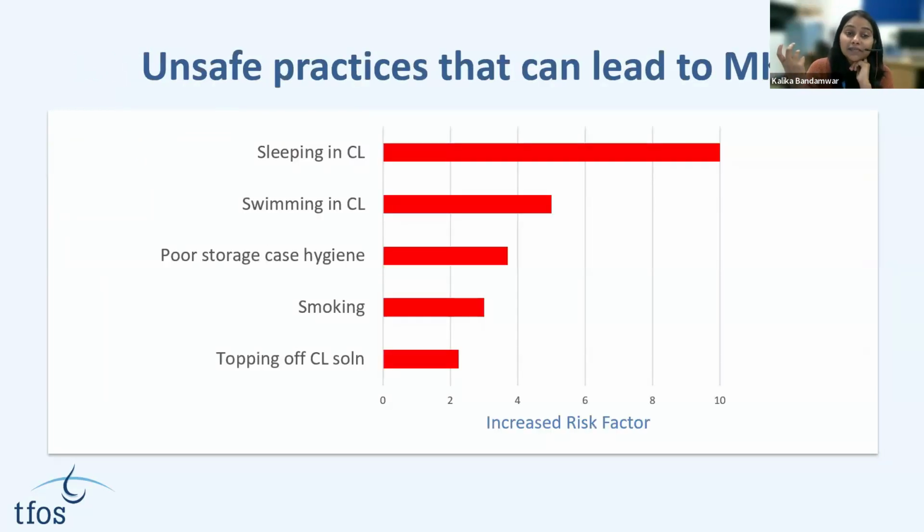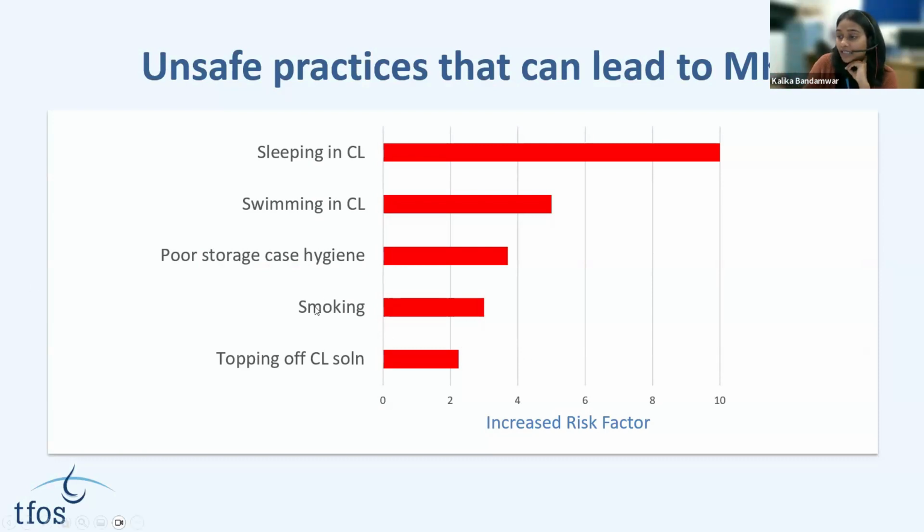There are other unsafe practices that can lead to microbial keratitis, such as sleeping in contact lenses and ranging all the way to topping off contact lens solution. Sleeping in contact lenses was found to be one of the most significant factors associated with microbial keratitis, and least was topping off contact lens solution.